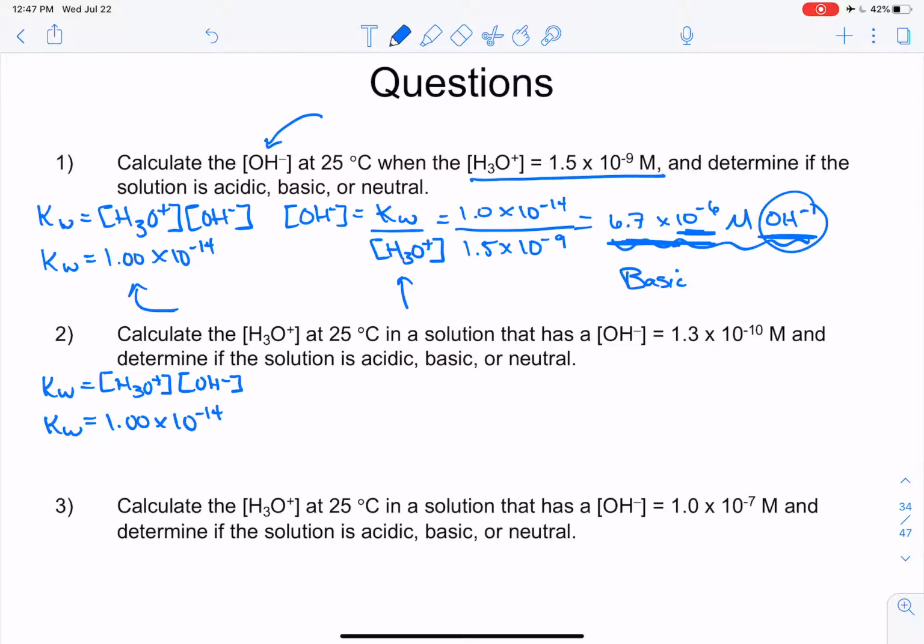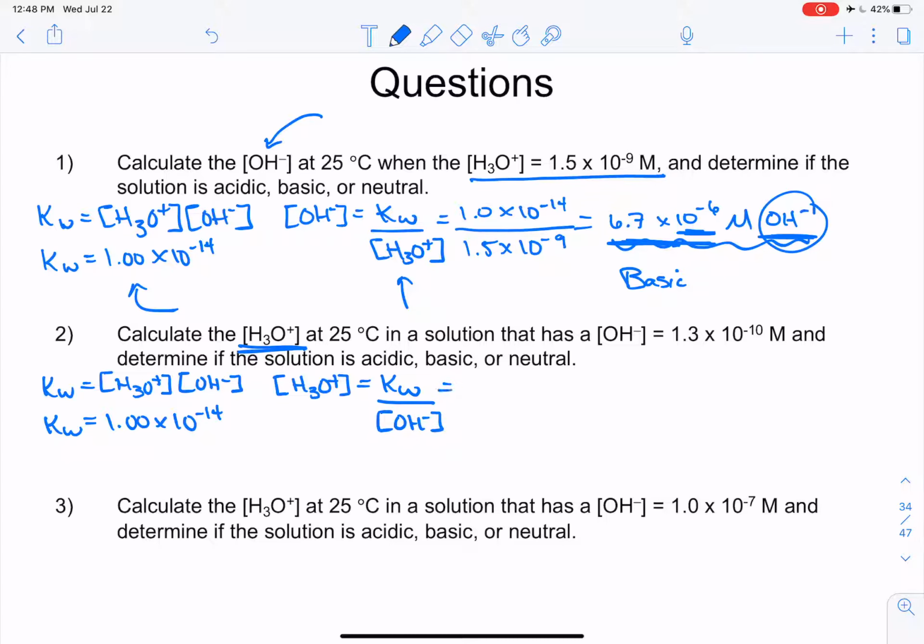Now this time we're solving for hydronium instead of hydroxide. So we do the magic of algebra, and we have that the concentration of hydronium is equal to Kw divided by the concentration of hydroxide.